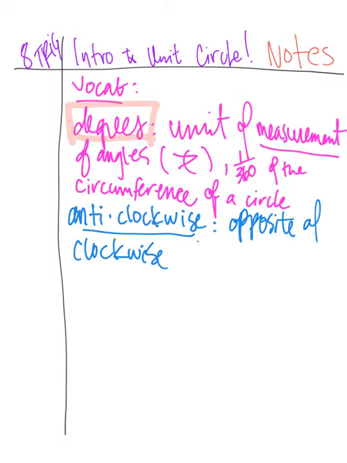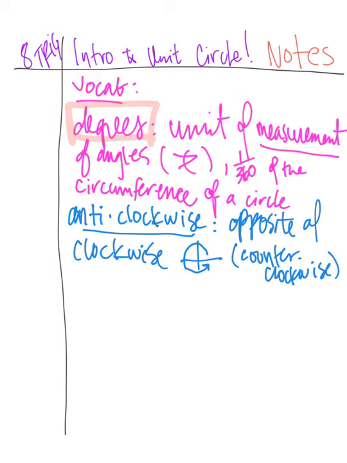So when we go to do our drawings, it's that way. Counterclockwise is another way to say it. I think anti-clockwise is more universal, like in Europe, they would say that.